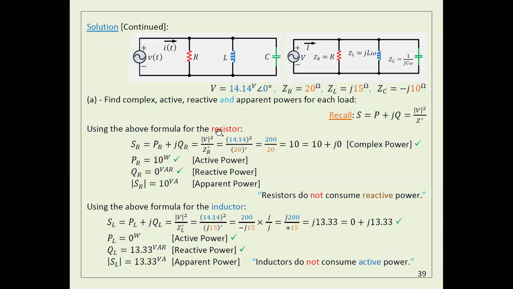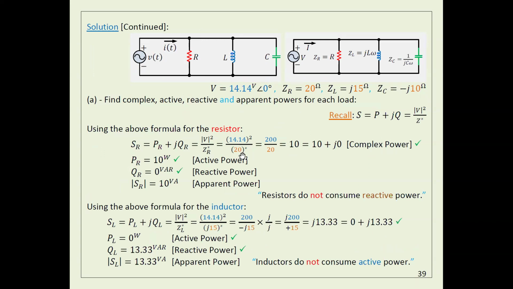Let's start with this resistor. That's what I told you. It's going to be the magnitude of V squared, the magnitude of this voltage here, which is actually V maximum divided by square root of 2, divided by the conjugate of the resistance.